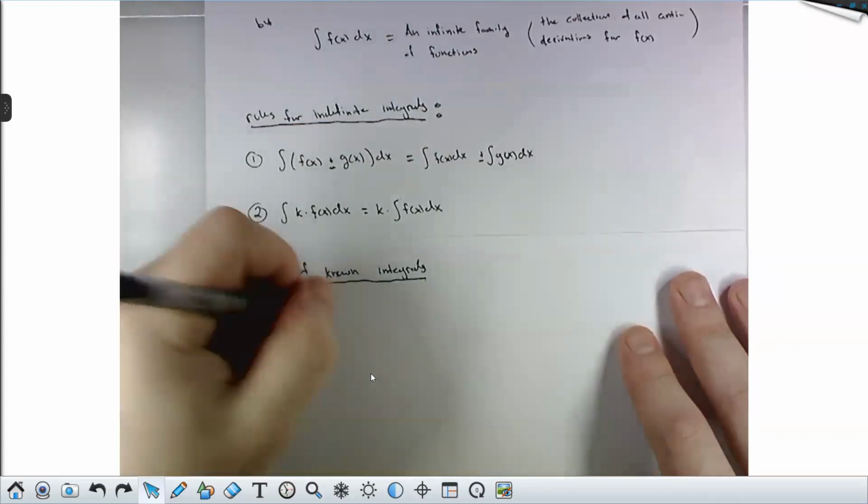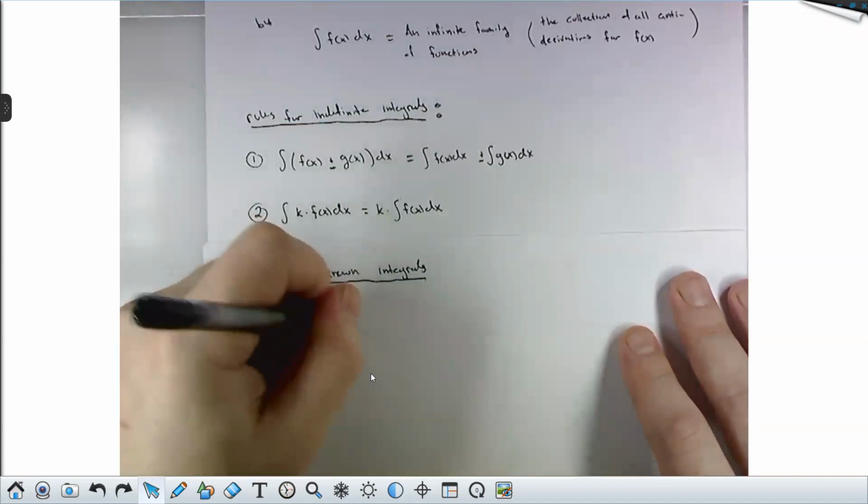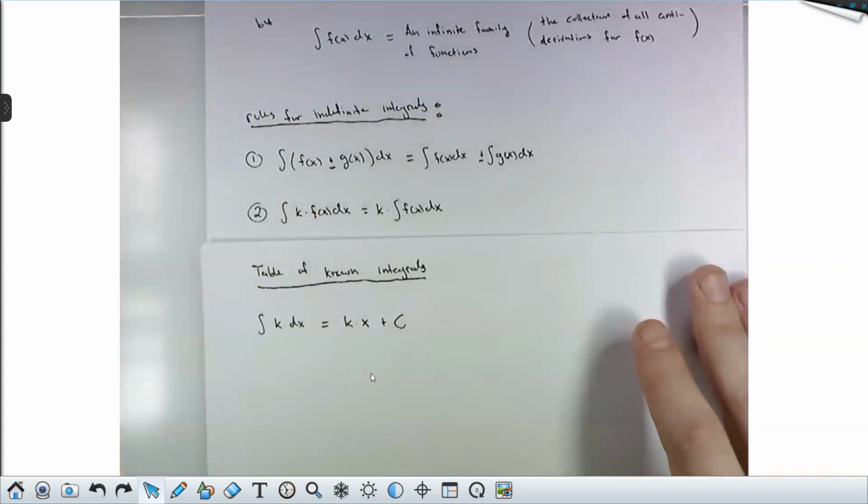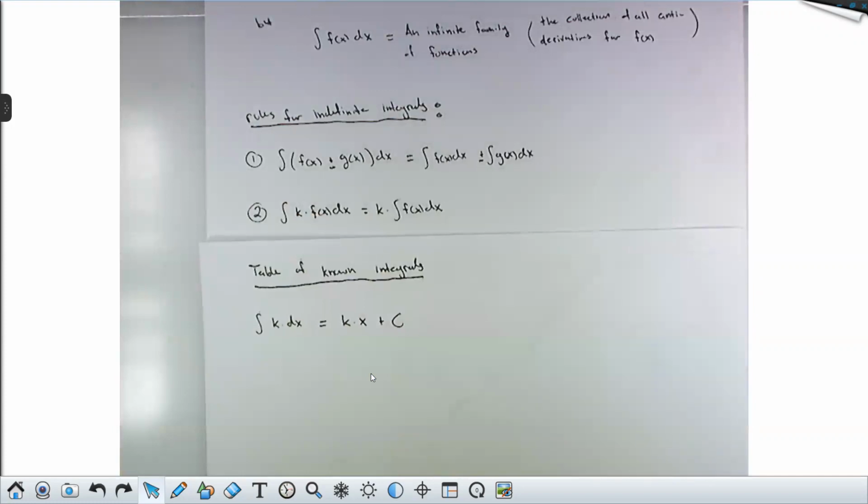The integral of any constant k is just k times x plus c. All right, because who differentiates to a constant? Well, that number times x differentiates to that. Like the derivative of 2x is 2, the derivative of pi x is pi, the derivative of 1/2 x is 1/2. So the integral of 2 is 2x. The integral of pi is pi x, and the integral of 1/2 is 1/2 x. And we always slap on our plus c.